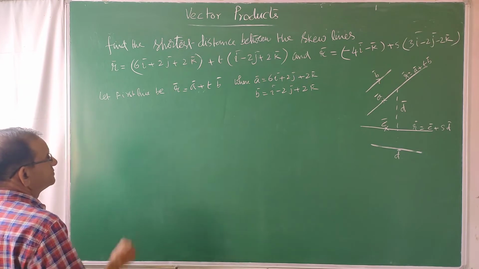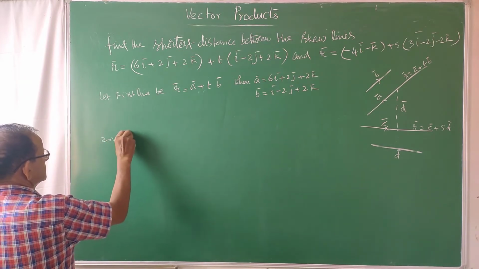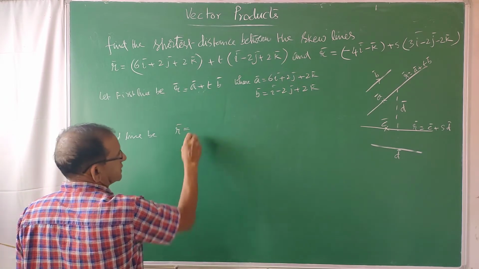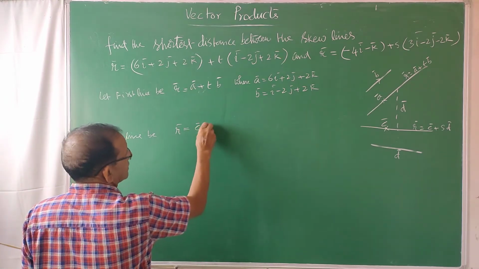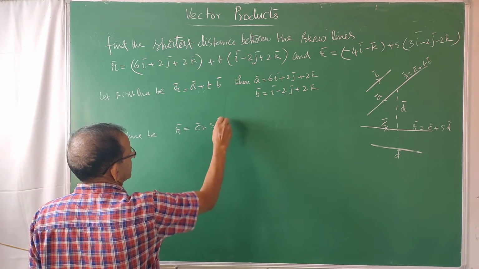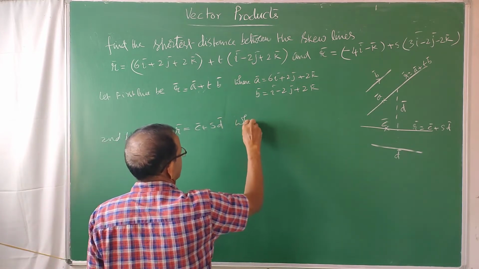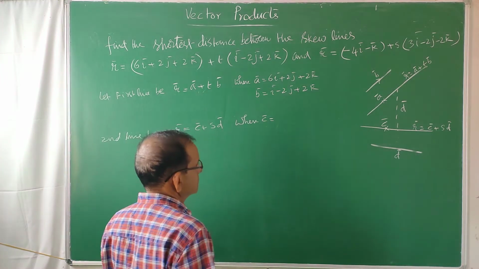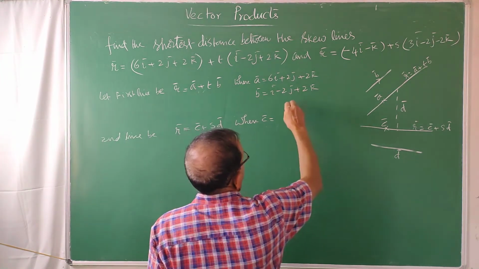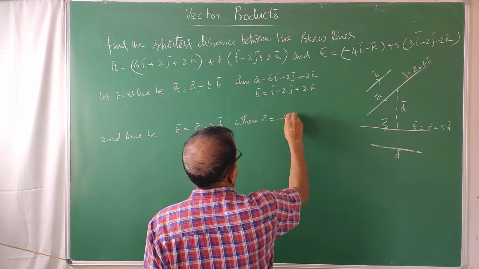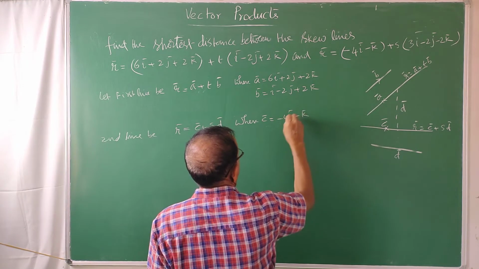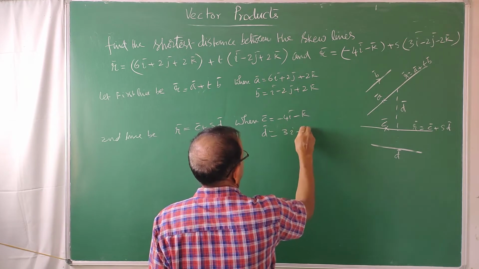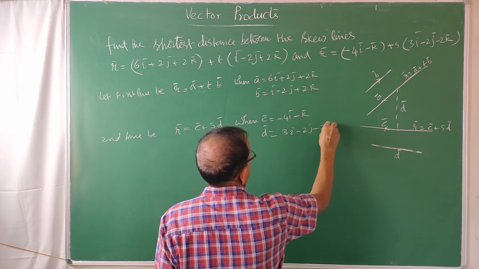Second line: r bar equals c bar plus s into d bar, where c bar is the first vector, minus 4i minus k, and d bar is the second vector, 3i minus 2j minus 2k.